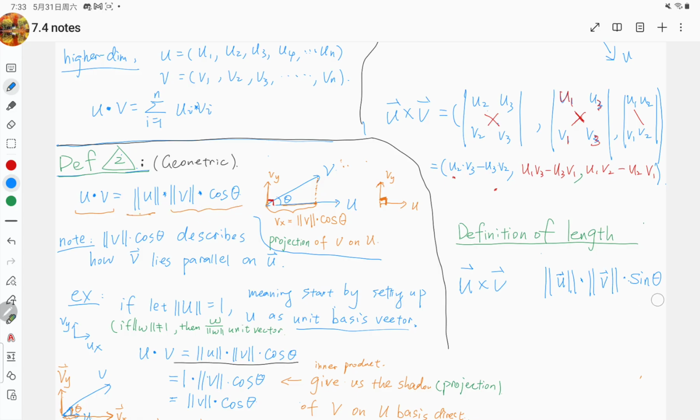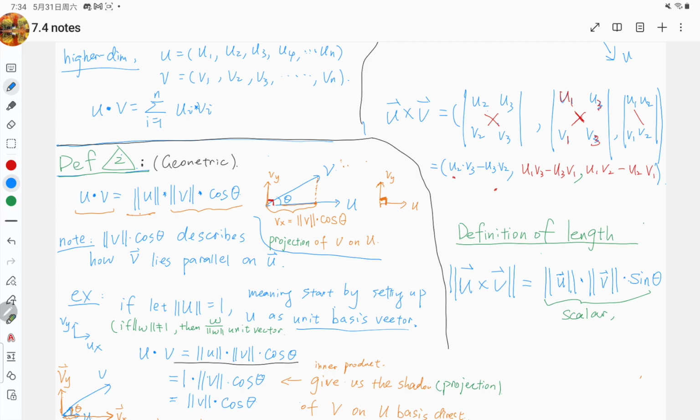And here the cross product has sine theta, so this is a scalar, right? However, we stressed many times that the cross product gives us a result that is a vector, right? So in order for this to work, we always need to put down the norm operator for u cross v, okay? And then we can write down the equal sign.